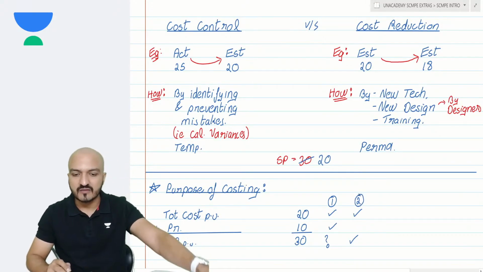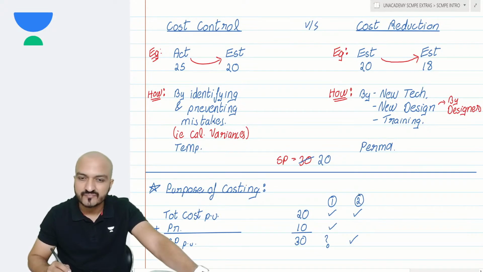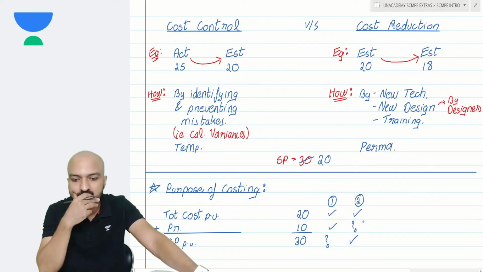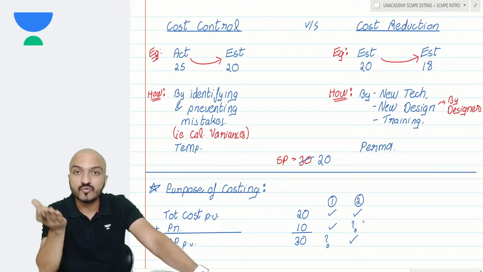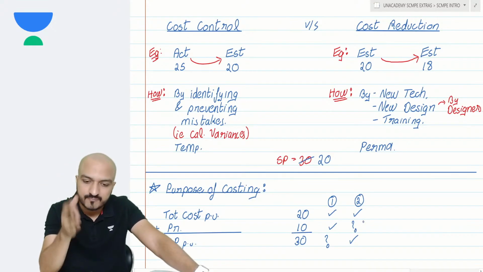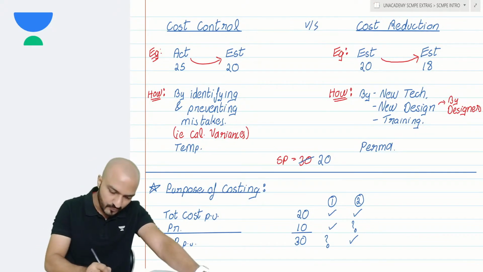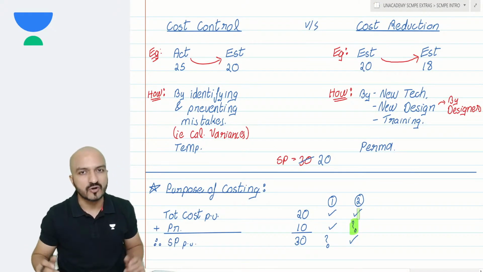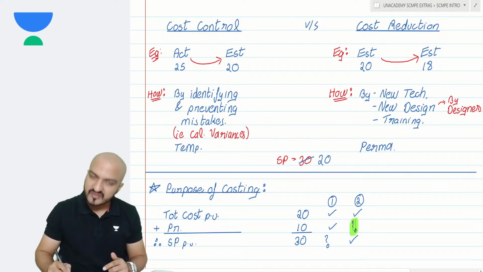Well, still it is important to do cost calculation so that you identify your profit. Yes Maruti, based on the profit you decide whether I should continue making this product or not.